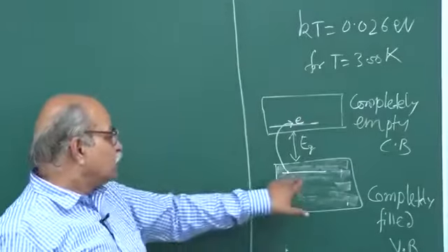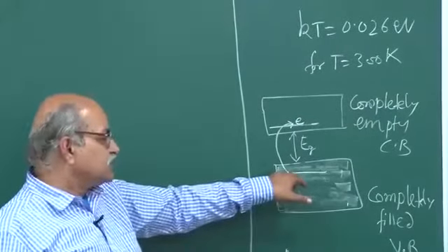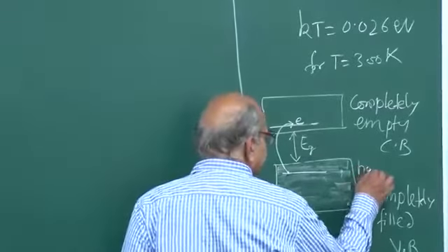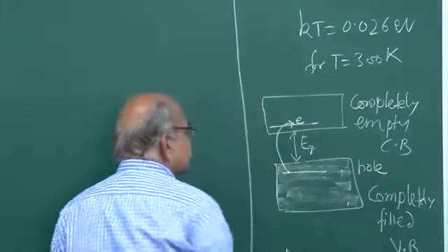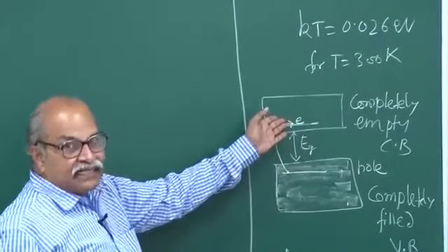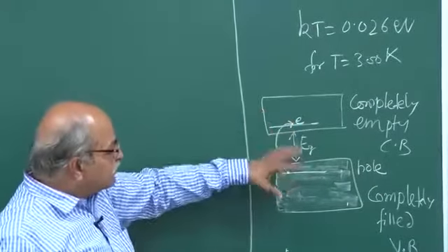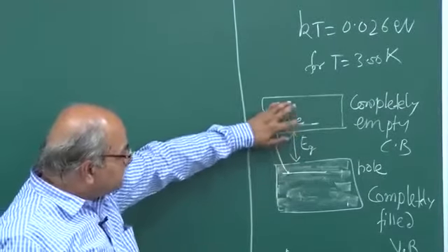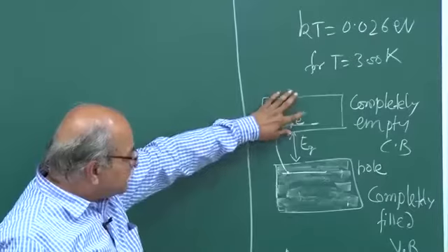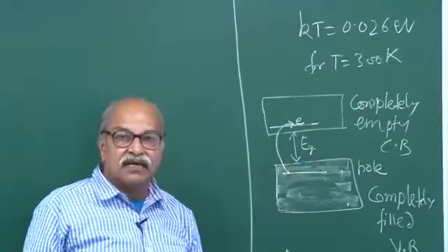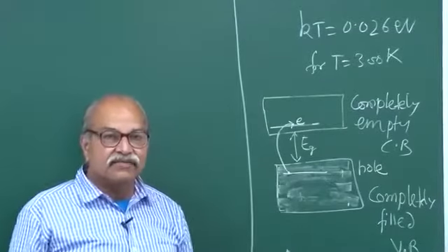In that case, one quantum state here becomes empty, which we call a hole, and one quantum state in the conduction band becomes populated. And at any given temperature, you will have some electrons here and some holes here, because thermal interactions are always there at any given temperature.